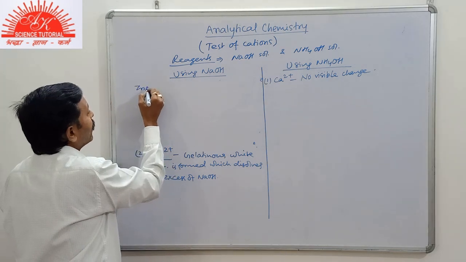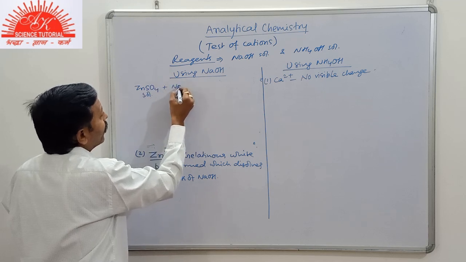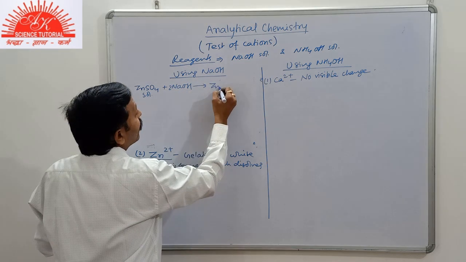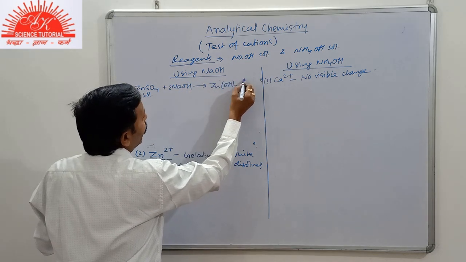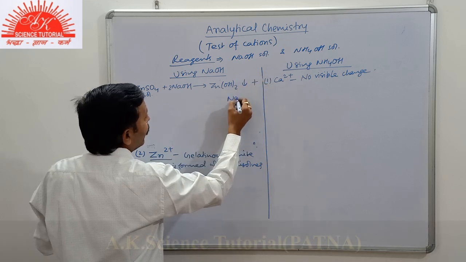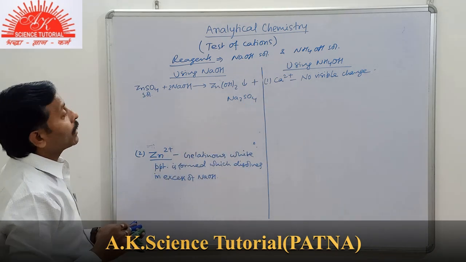Suppose we take zinc sulfate solution plus NaOH. It gives Zn(OH)2, which is the gelatinous white precipitate, plus Na2SO4. Now the white precipitate is formed.